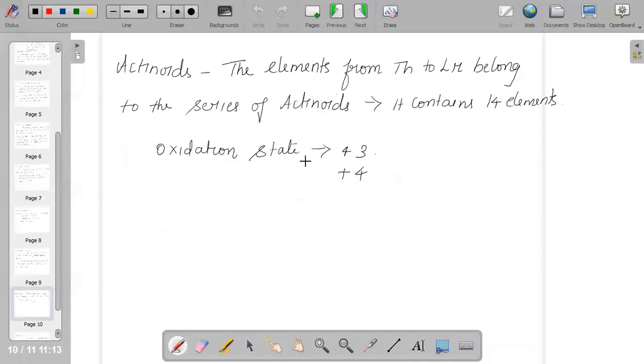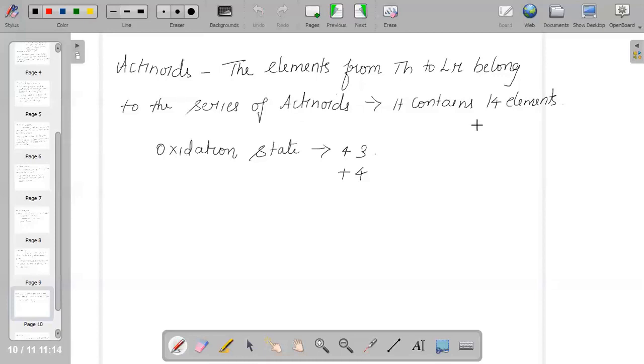And when we are talking about the actinoids, actinoids are also F block elements, from Th to Lr, belonging to the series of actinoids. In total, there are 14 elements. And yes, of course, they are very radioactive in nature.